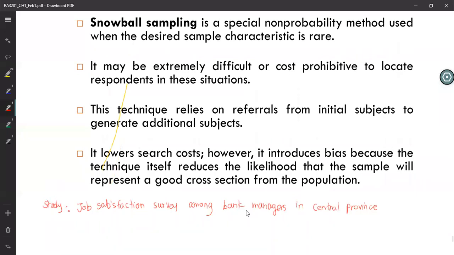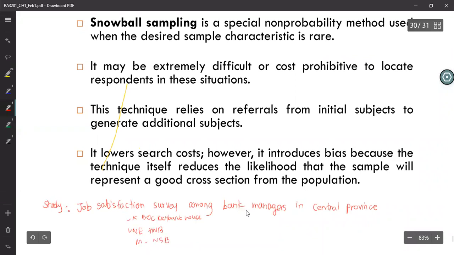So suppose you know the Kandy BOC, the Bank House manager, you know the Nuwara Eliya Hatton National Bank manager, and you know the Matale NSB manager, and then say Katugastota, you know the Ceylon Bank manager. Now let's say another one. Give me a name. Okay, Mawanella, you know the Sampath Bank manager.